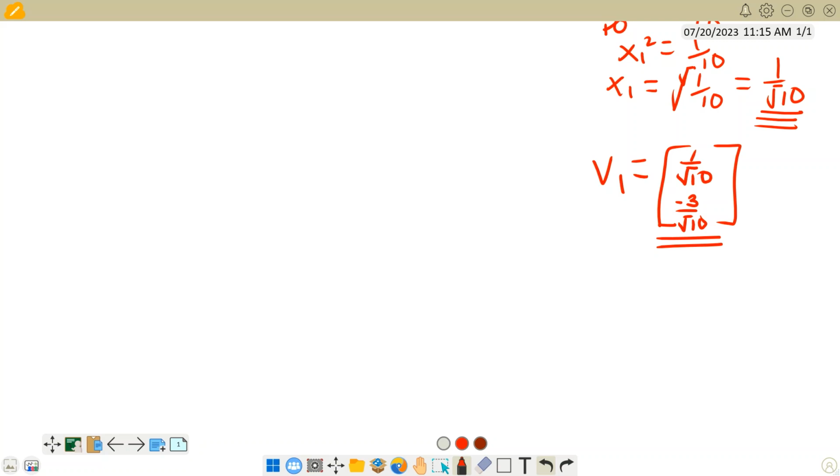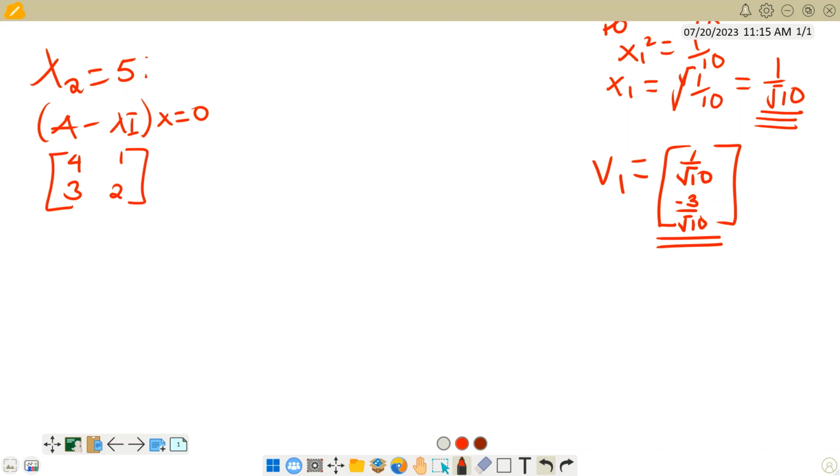And remember that we had this lambda 2 equal to 5, so use the same identity, the same logic, that A minus lambda I multiplied by x should give us a 0. So this will be 4, 3, 1, 2, like that, minus, we know that our lambda now is 5, so by now we know that this will be 5, 0, 0, 5.